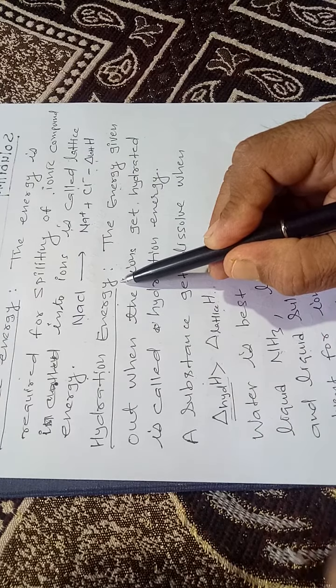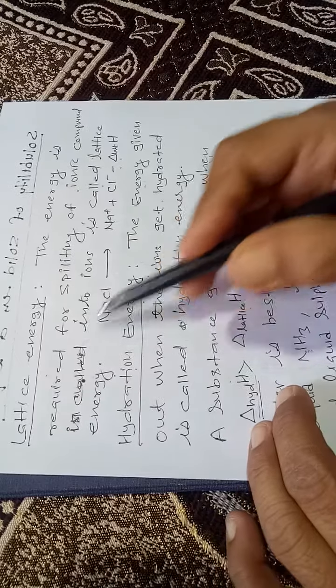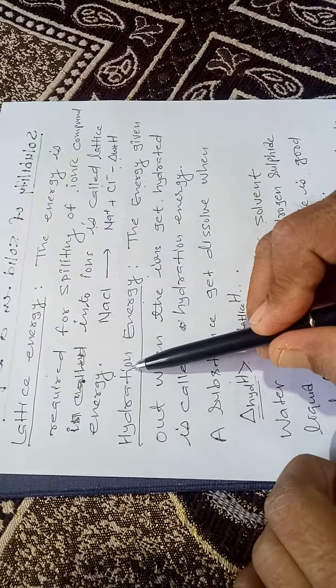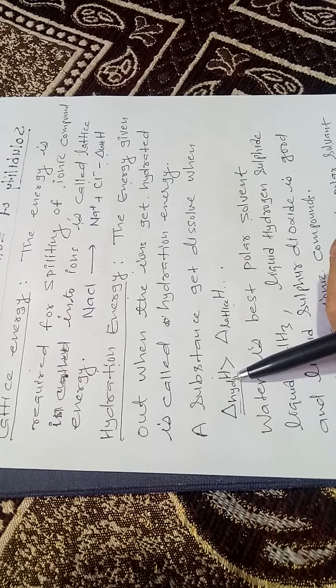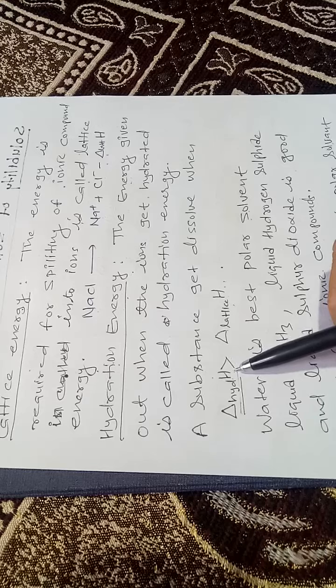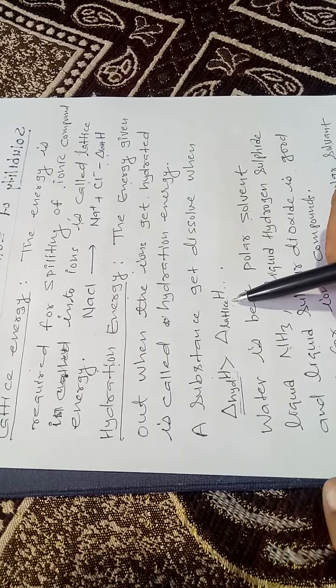So for formation of a solution, there is a role of the lattice energy and the hydration energy. For formation of the solution, hydration energy must be more than the lattice energy.